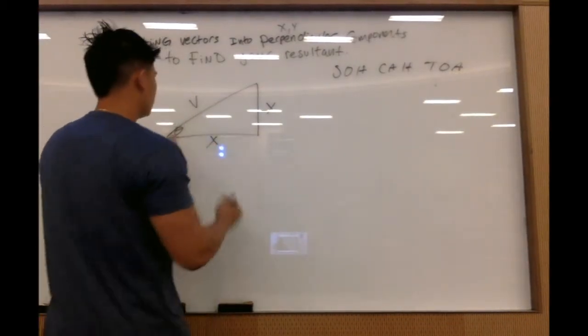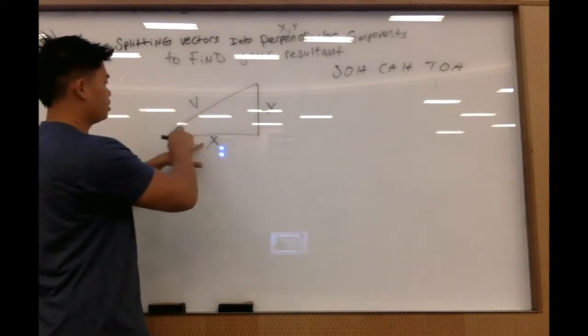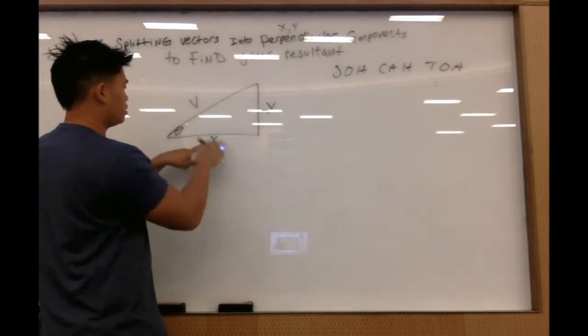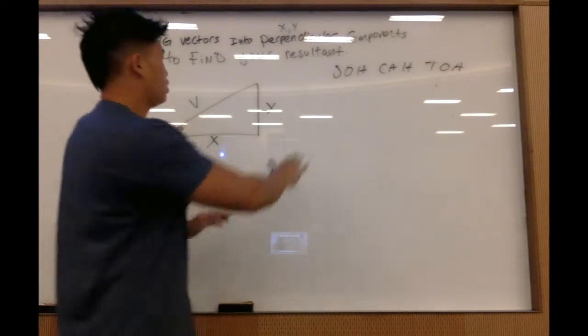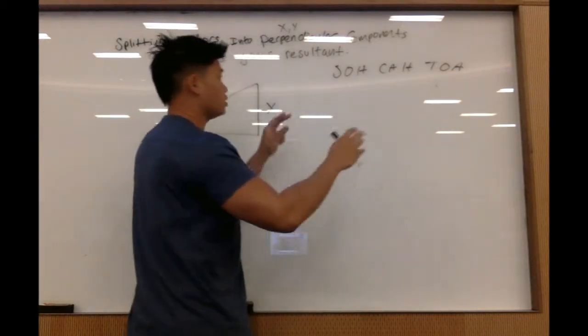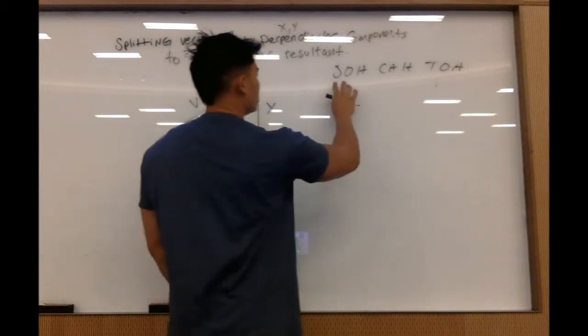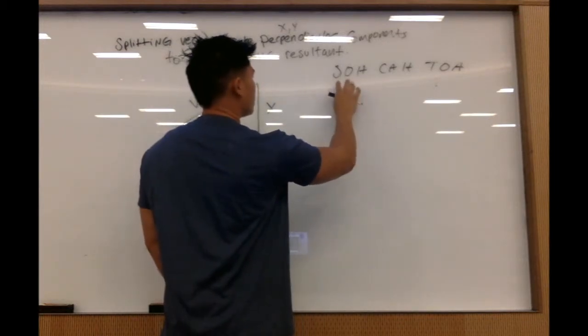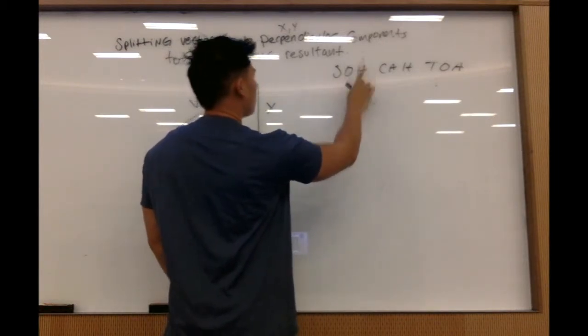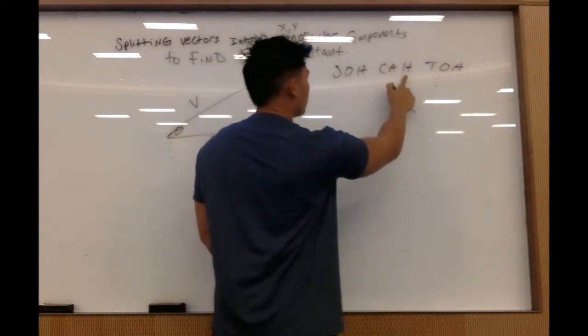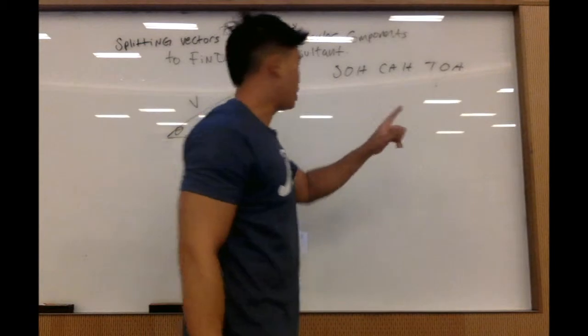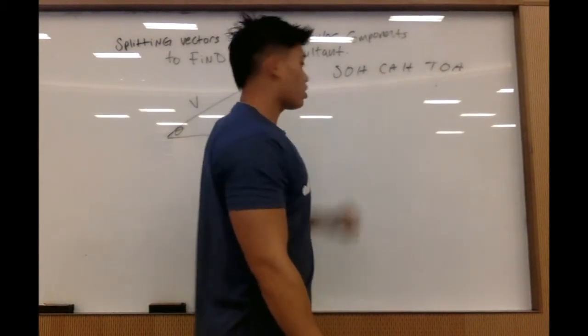All right, so x is right here. X is adjacent to the angle. So you want to find one of these that has adjacent. So you look. Sine has opposite over hypotenuse. Cosine has adjacent over hypotenuse. So, yes, we have found our x right here.